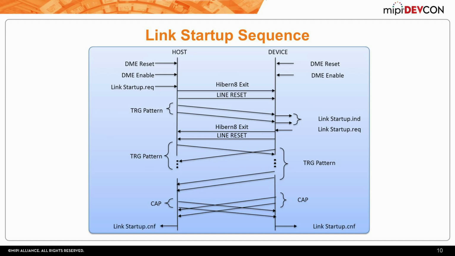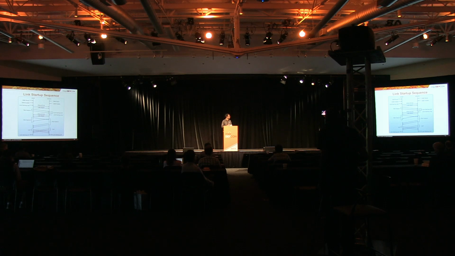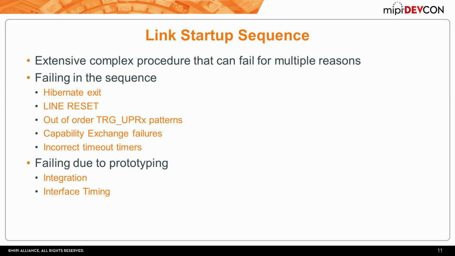So as you can see, it's an extensive procedure that includes multiple bidirectional handshakes along the sequence, and it's complex and time-consuming. So the sequence itself can fail for multiple reasons. It can fail in the sequence itself.